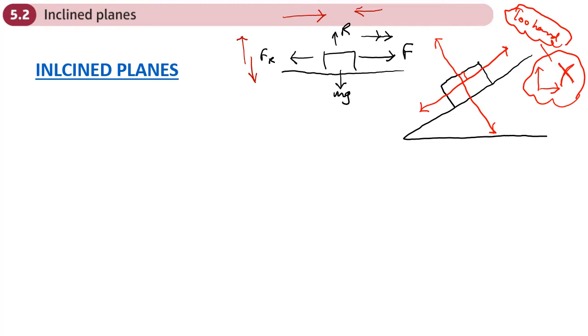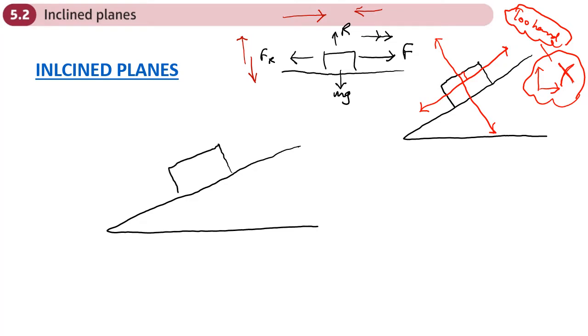So I'm going to draw a diagram out here like this and label most of the types of things that we could have. So I've got some sort of mass here on a plane. Let's give it a mass m.